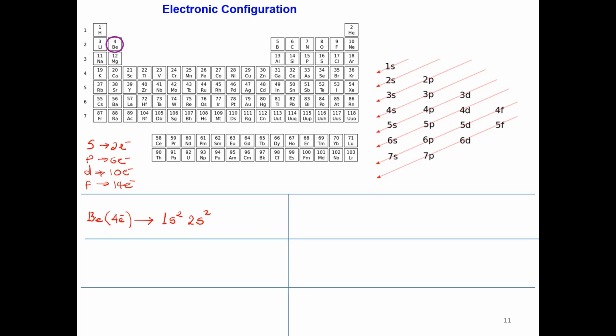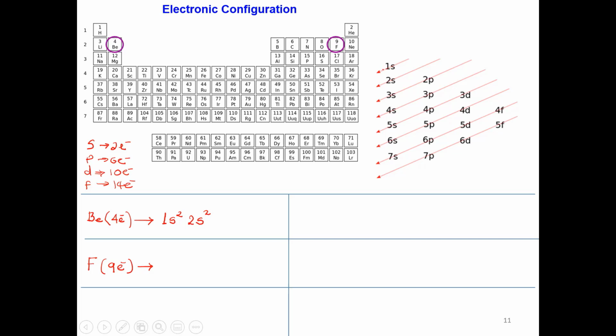And let's write one more. For example, for fluorine, which has 9 electrons, we will follow the same procedure. We start from the innermost orbital, which is the first row.